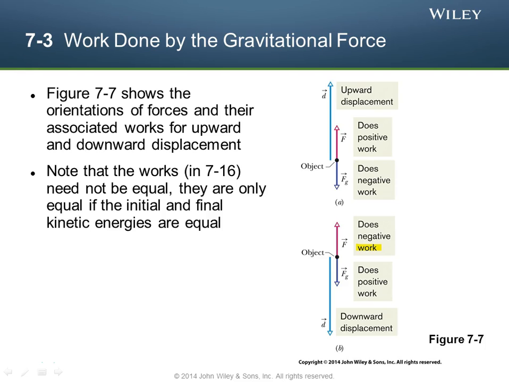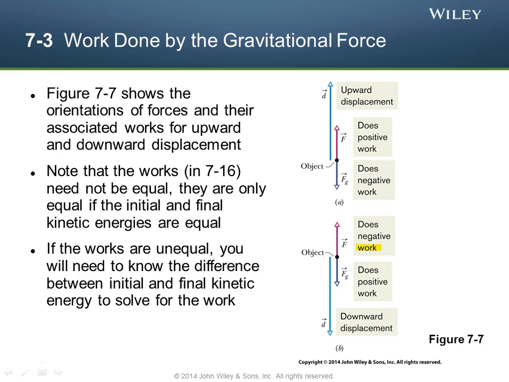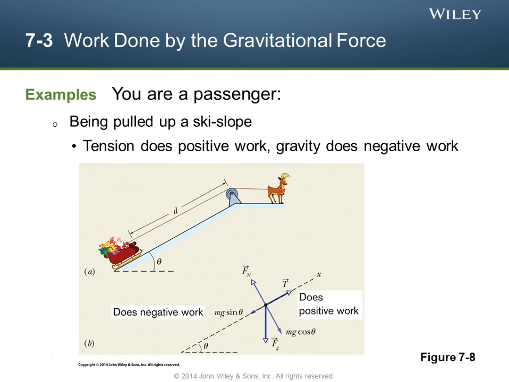And so keep in mind here, the works don't have to be equal. They are only equal if their kinetic energies don't change. So if the kinetic energy is changing, then we are going to have an imbalance in the work done because there has to be some net work. And if the works are unequal, you will need to know the difference between the initial and final kinetic energies to solve for the work.